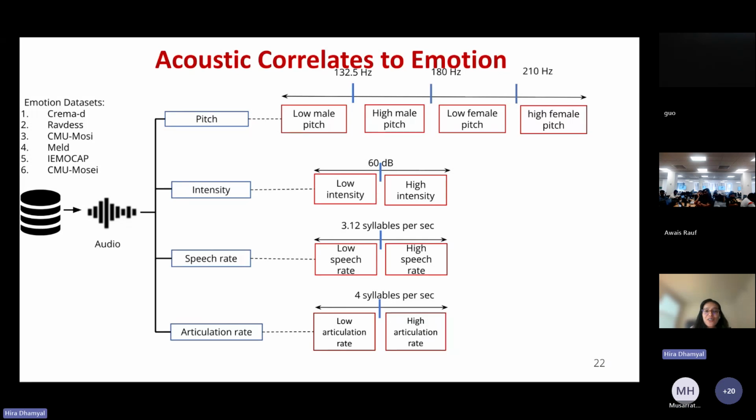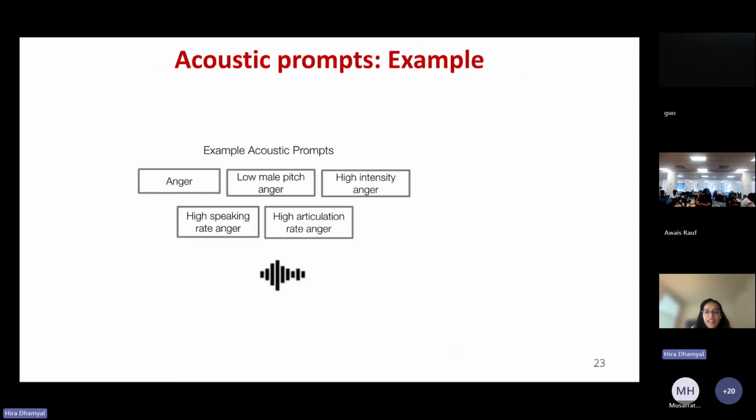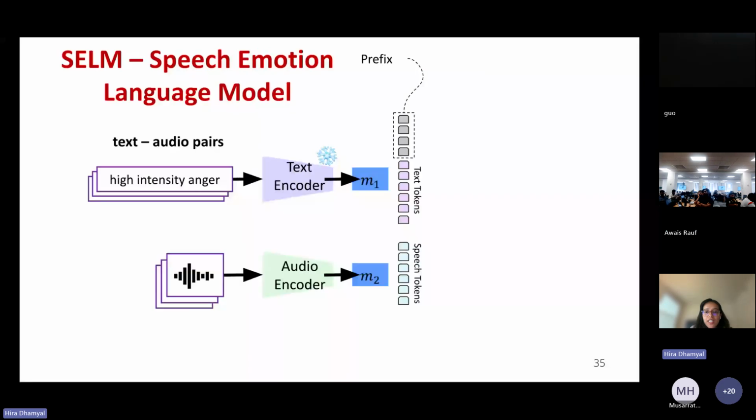Yeah, that's a good question. Basically, the question is, if we look at the prefix and the text tokens, go back to the prompt that we are adding, right? High intensity anger. But what is the prefix here? Do they cleanly map to some English words that point to something meaningful?